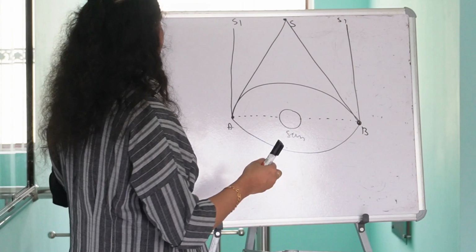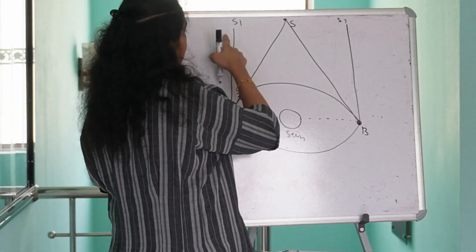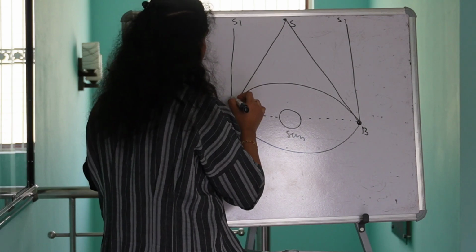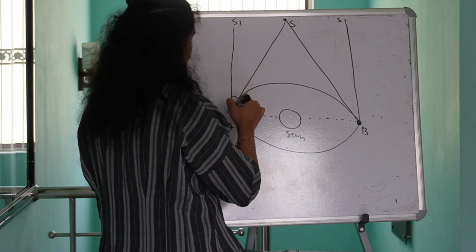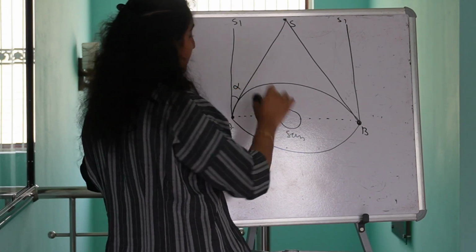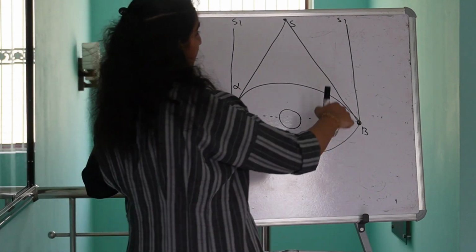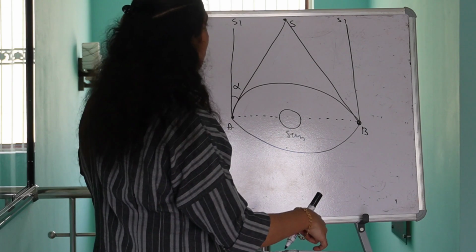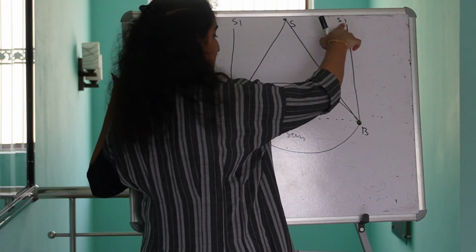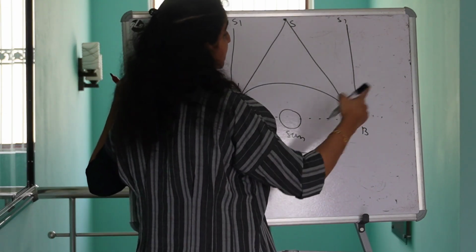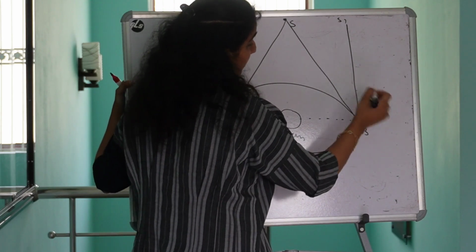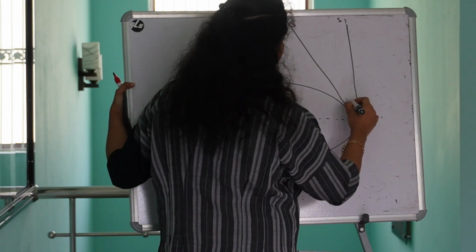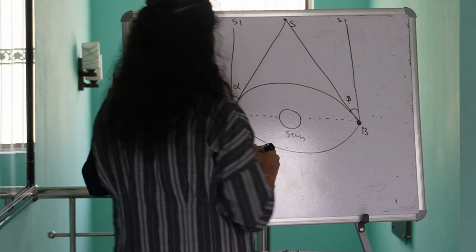So the angle formed between the incident ray of star S1 and the line of sight of point A, let it be alpha. And the angle formed between the incident ray of the star S1 after 6 months and the line of sight of point B is equal to beta.